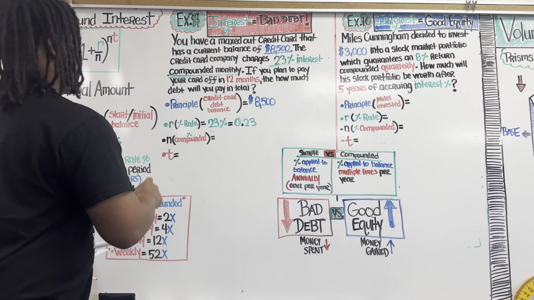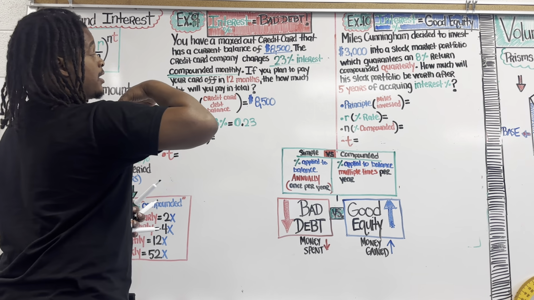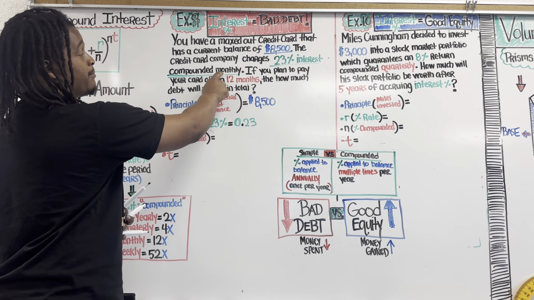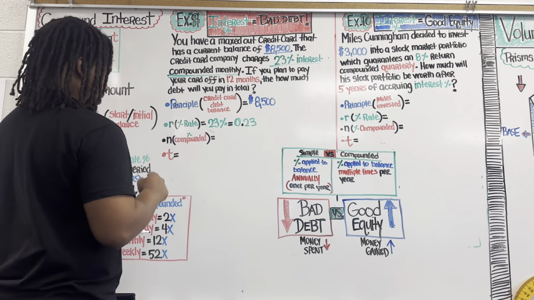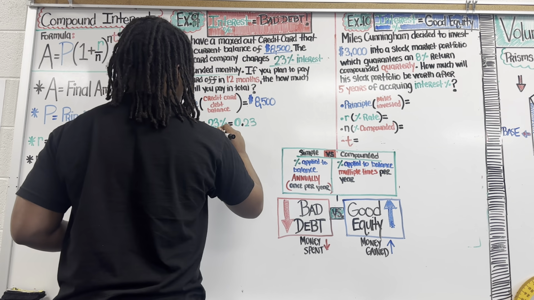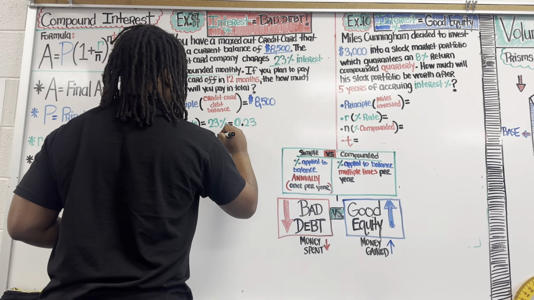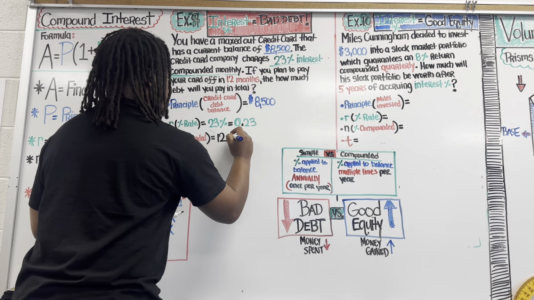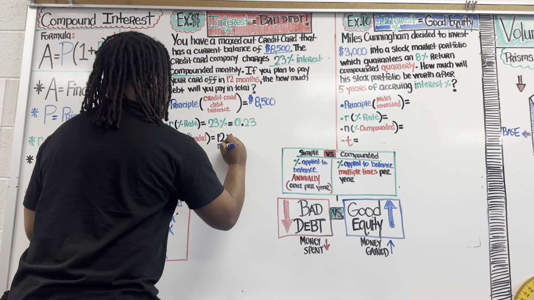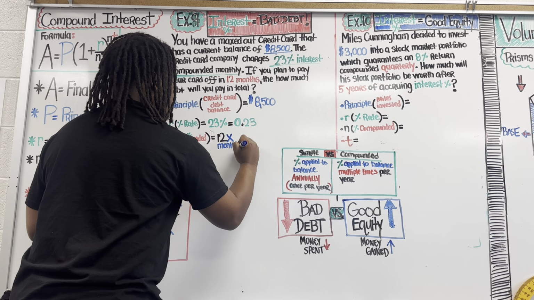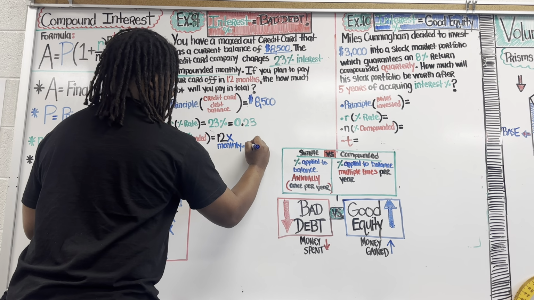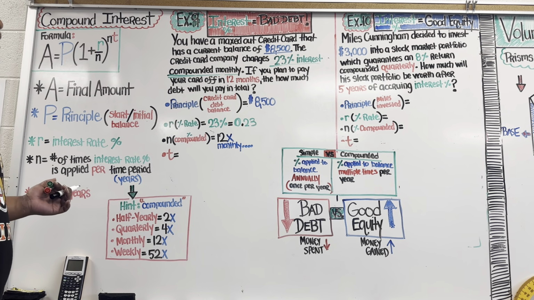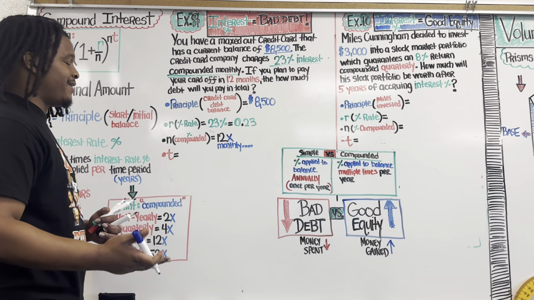Cool. It said that, yes, I'm going to be paying off this card within a year, but the interest is going to be compounded monthly. So that means that the interest is going to hit my credit card account 12 times in a year, because it's compounded monthly, okay? So that's a lot of extra debt that has to be paid off that you really don't have, but due to the interest you do have, okay?